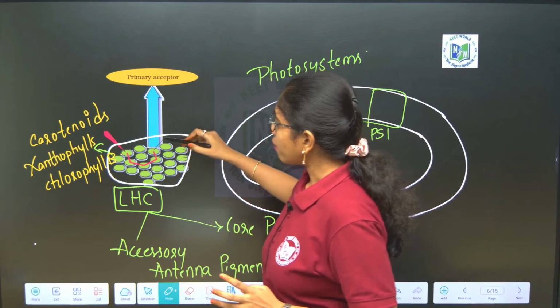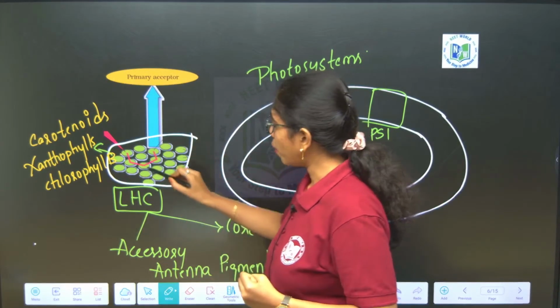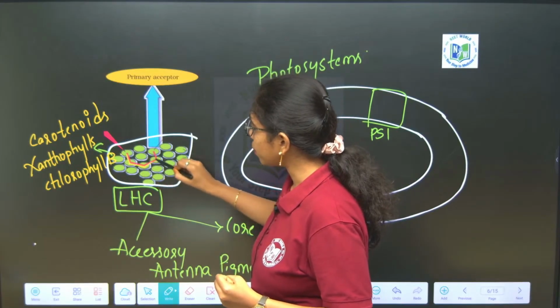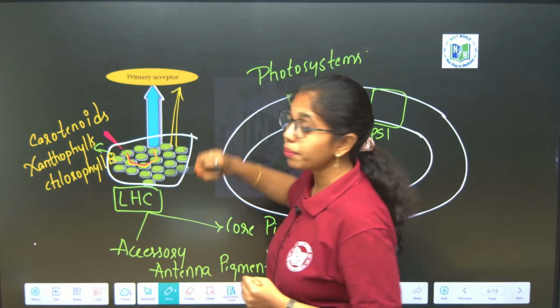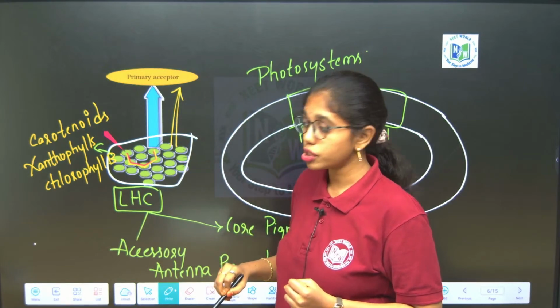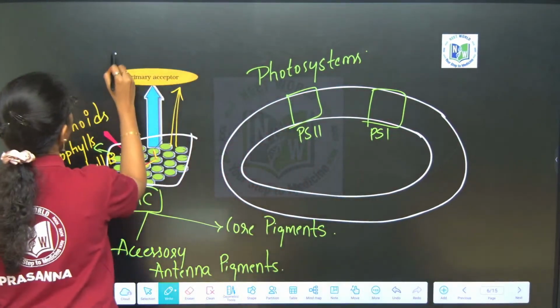After absorbing light in the form of photons, these accessory or antenna pigments submit it to the primary acceptor or reaction center, which is chlorophyll A.